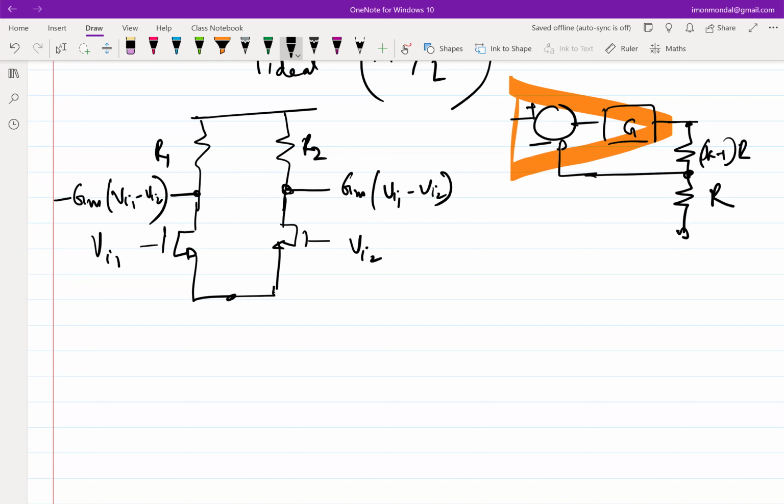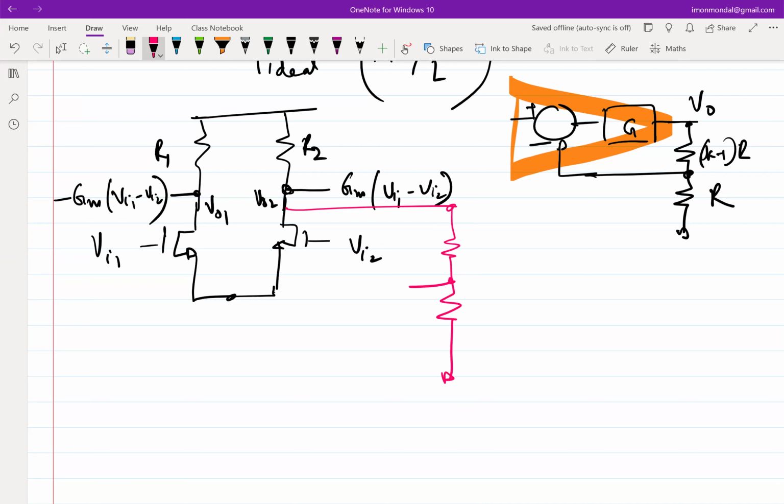So we can say this is V01, this is V02. This V0, where I am planning to put this resistive divider, can be put either at V01 or at V02. So how do I know which is the appropriate terminal? If we don't know, let's just put it in one of the terminals and then we'll see. So let's connect this to this terminal.